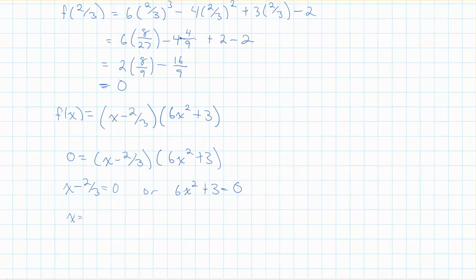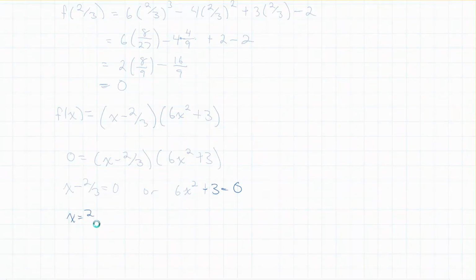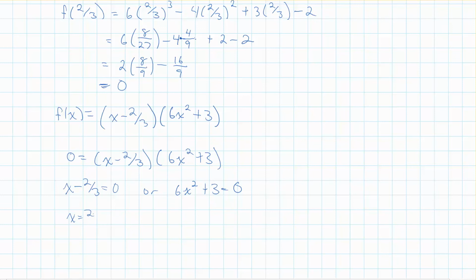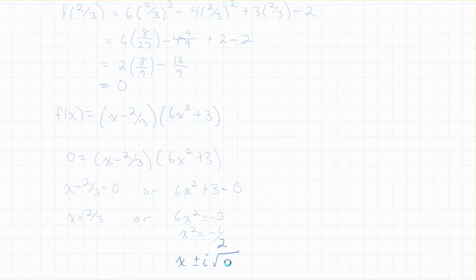Which gets me x equals 2/3. Now you could apply the quadratic formula to the next one if you wanted to, or I would just write this as 6x squared equals negative 3, x squared is equal to negative 1/2, and so then x is going to be plus or minus i times the square root of 1/2.